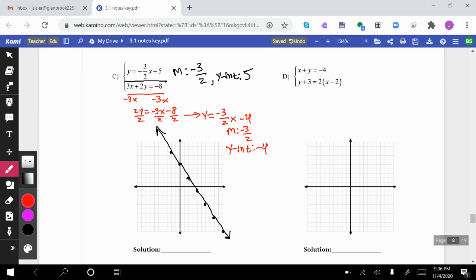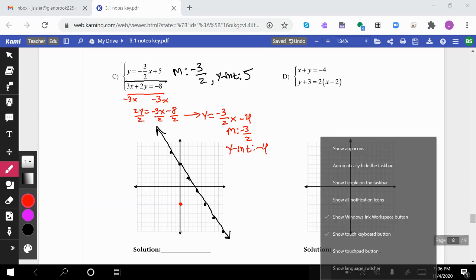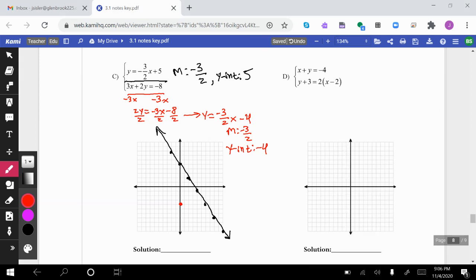So I'm just going to graph that, -4, and I'll walk my slope of -3/2. So down 3 over 2, down 3 over 2, and then walk up 3 over 2.